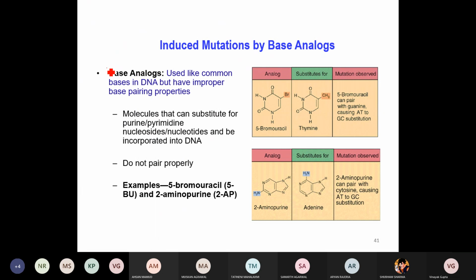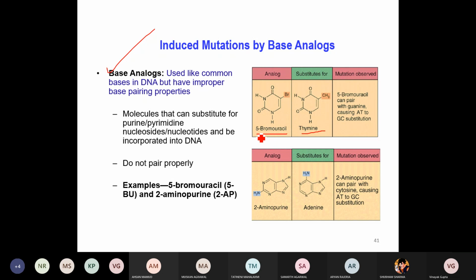During DNA replication, the replication machinery will take these analogs, considering them to be nucleotides, because they have a very similar structure. They will be recognized by the DNA replication machinery and introduced into the new copies of DNA. Simple.